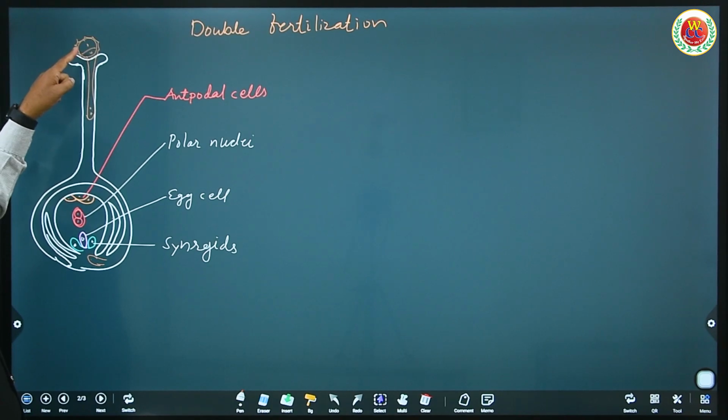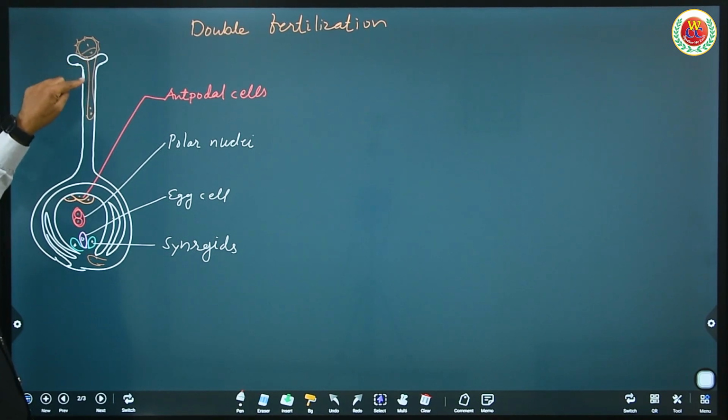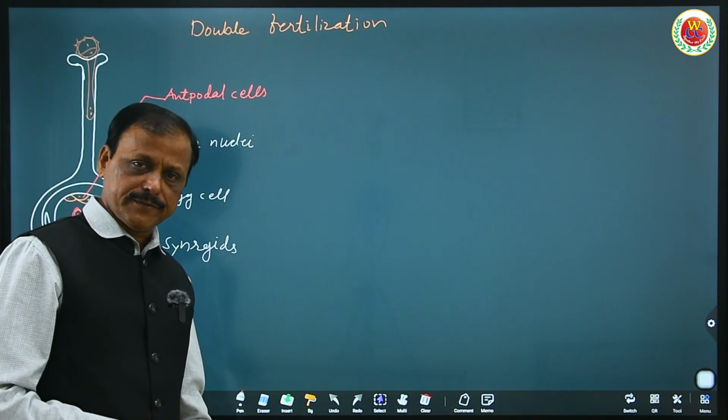If it is said in 3 cell stage, that 2 nuclei which are present in generative cell continue to transfer along with pollen tube. But in 2 cell stage, while developing pollen tube, that male gamete divide into 2, that you please remember.